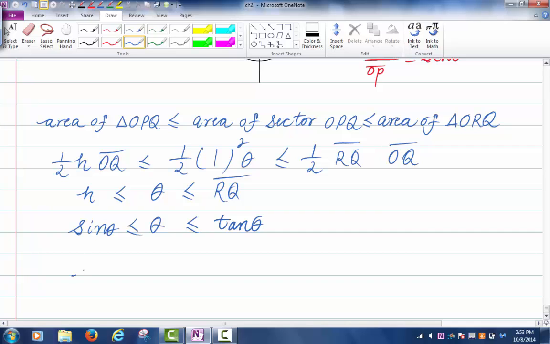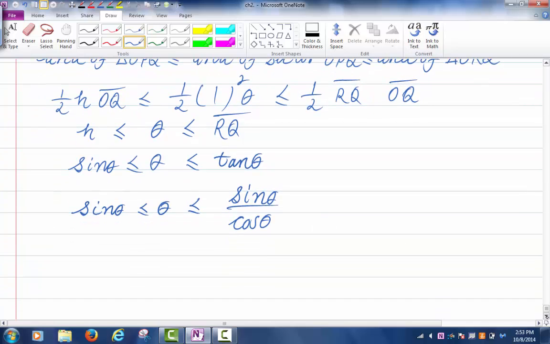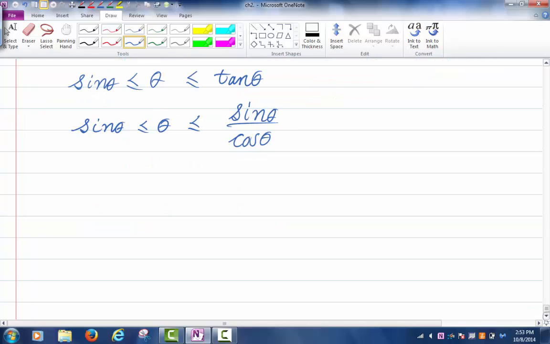And notice that, I'm almost done, this is sine theta less than or equal to theta, less than or equal to tangent theta, which is sine theta divided by cosine theta. What I'm going to do now is divide everything by sine theta. So I get 1 less than or equal to theta over sine theta less than or equal to 1 over cosine theta.